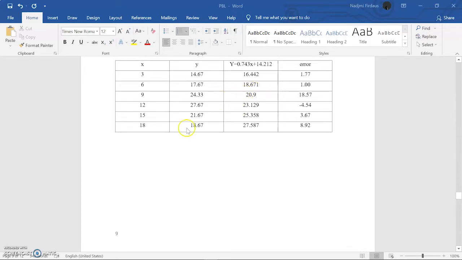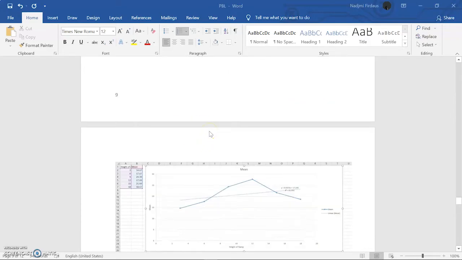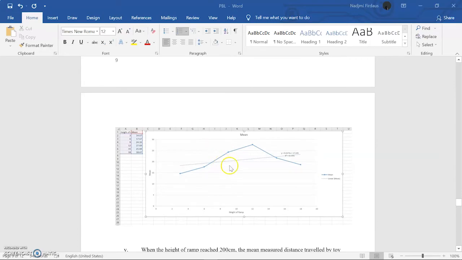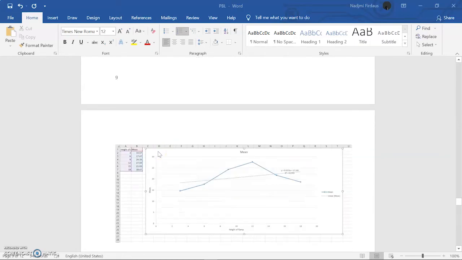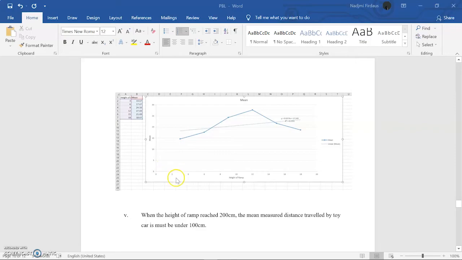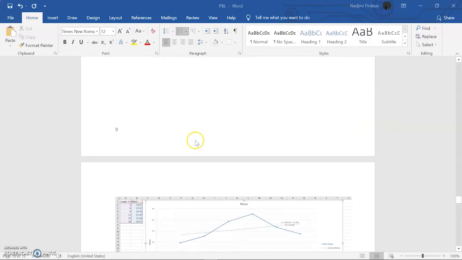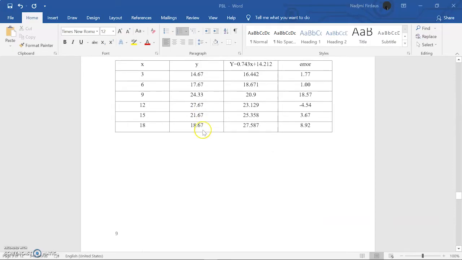After completing the table, we got the graph like this, and the x-axis is the value of x, which is the mean, and the y-axis is the height of the ramp, which is the value of y.